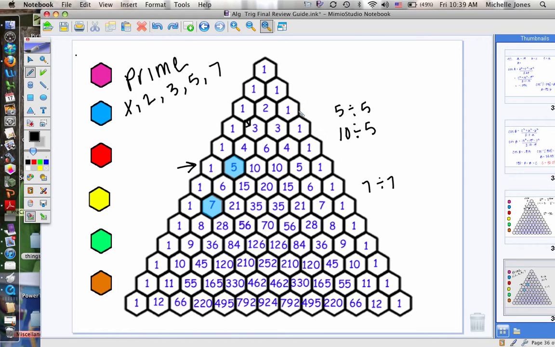It's 1. 21 divided by 7 is 3. 35 divided by 7, it's perfect. They all work. So anytime you have a prime number, whether it be 3, 5, 7, not 9, not 10, 11, 13, all the numbers in that row will be divisible by that number. So that is what is meant by prime numbers in Pascal's triangle.